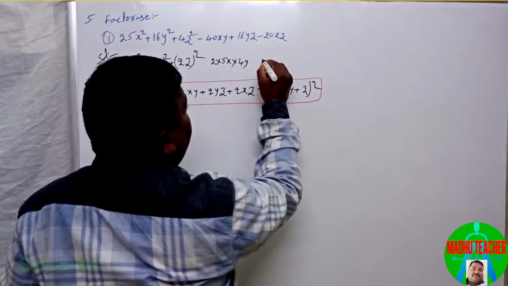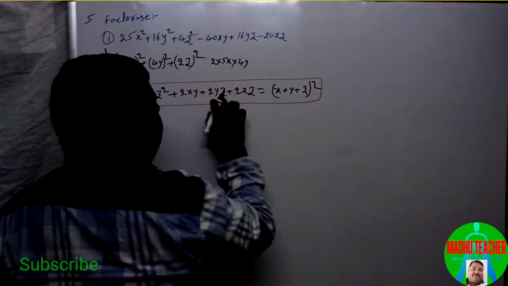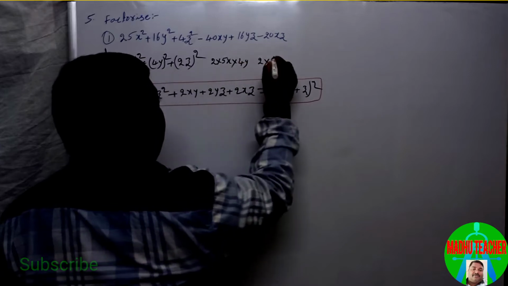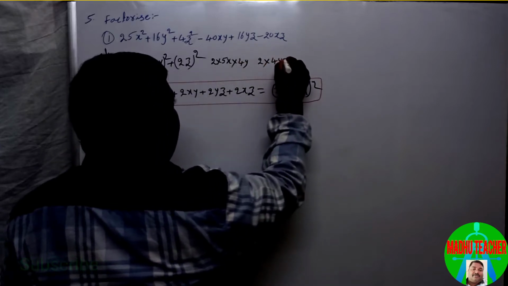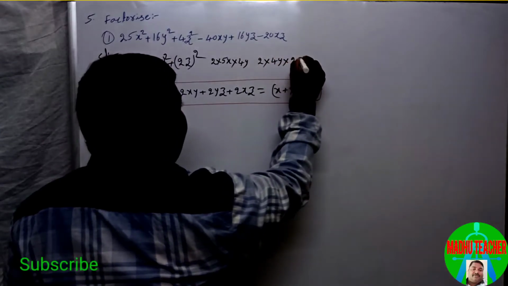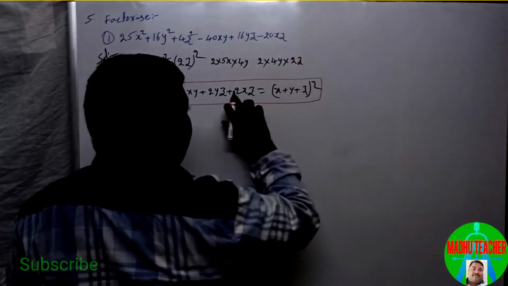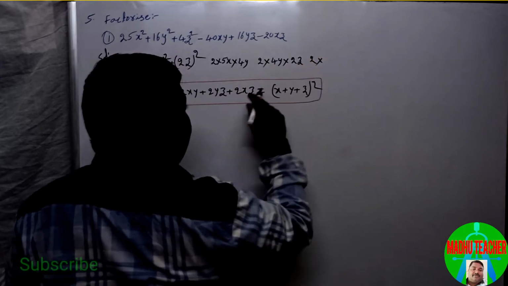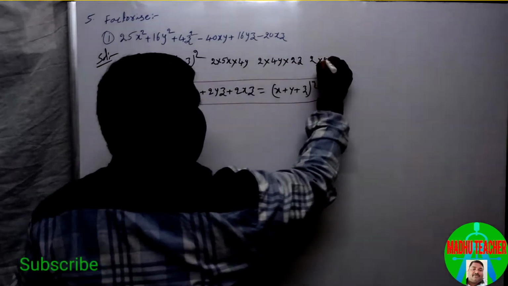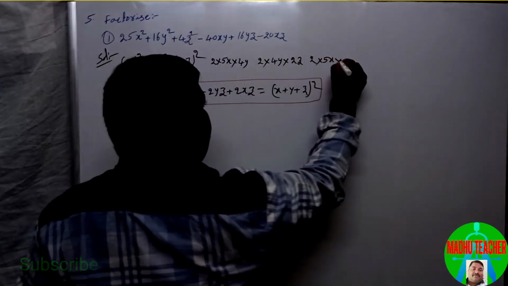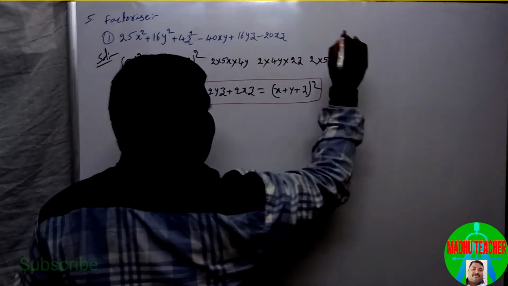Next one is 2yz, 2 into y, that is 4y, into z, that is 2z. Next, here also I am not writing the sign, that is 2 into x, that is the first term 5x, into z, that is the last term, that is 2z.